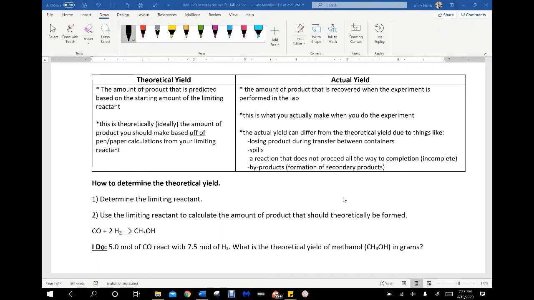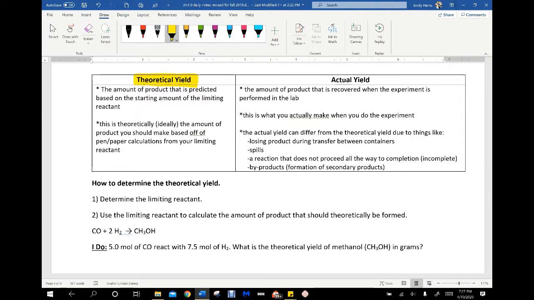This brings us to the difference between two important terms: theoretical yield and actual yield. The theoretical yield is the amount of product that you predict solely based off of your starting amount of limiting reactant. This is your pen and paper calculation.